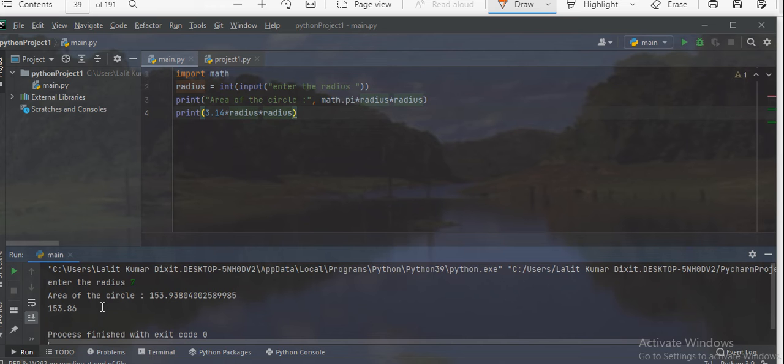So see, the output which you are getting using math.pi is basically the correct one, which is using the correct value of pi. The other uses limited decimals, and here it is only 153.86. So the difference is about 0.93 and 0.86, and that actually matters when you are solving a few questions.